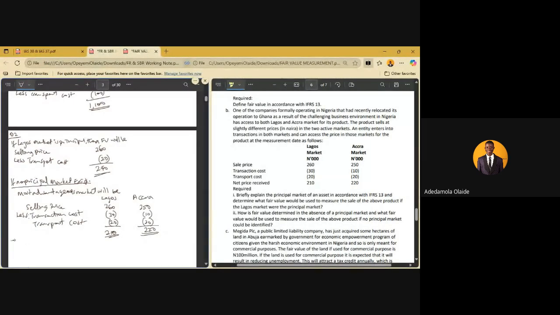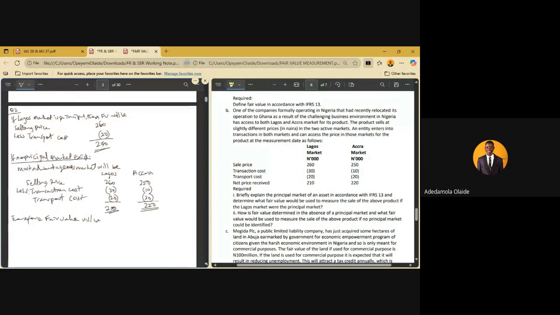So what do we have? Therefore, fair value will be what? Selling price. We'll now be using Accra market information because that's the most advantageous market. Selling price, which is what? 250, less transport cost.